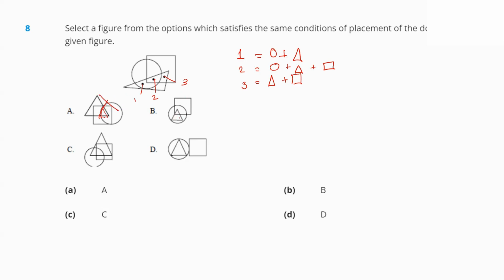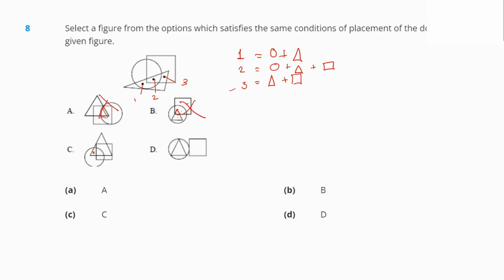In this, we are getting circle and triangle alone. In second, we are getting circle, triangle, square. Now seeing the third dot, we are not getting a circle and a triangle. Only this is a part, so this is also not our answer. Looking at this, for the first dot, we need a circle and a triangle. So here is a circle and a triangle.